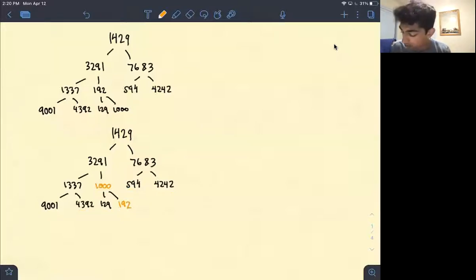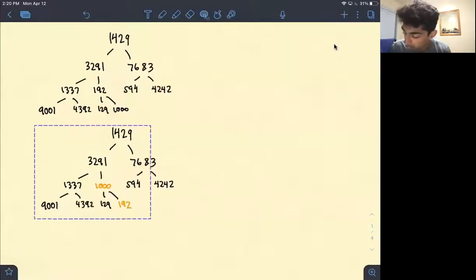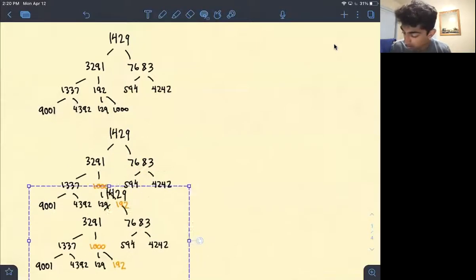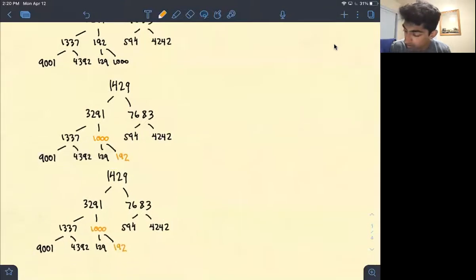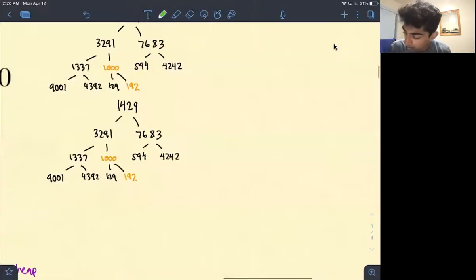Now the next thing we'll do is bubble down 1, 2, 3, 7. So what's going to happen here is after bubbling down 1, 2, 3, 7, we will have 9, 0, 0, 1, and 1, 2, 3, 7 kind of swap like so, right?